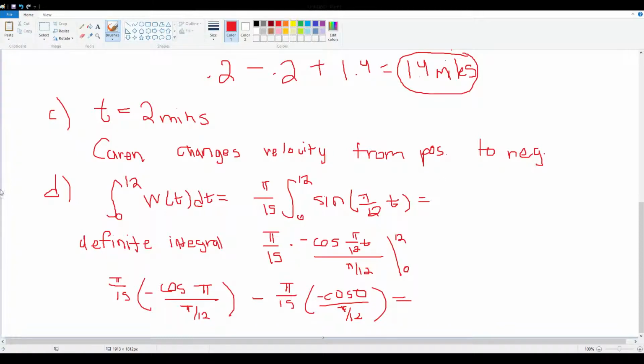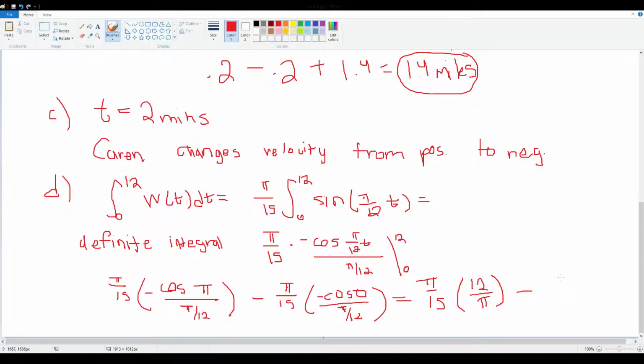Negative cosine of pi is just 1, so you're doing pi over 15 multiplied by 12 over pi.